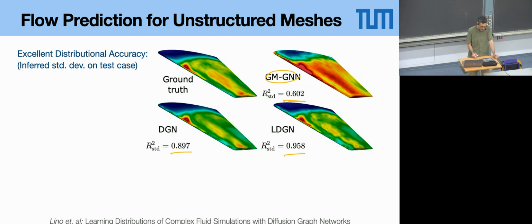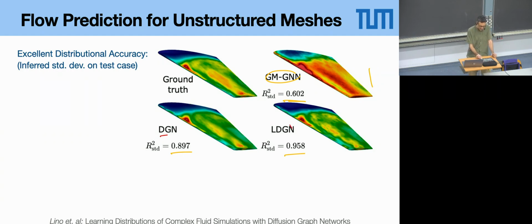What you're seeing here now is also the standard deviation over the wing. If you now look at what's shown in these different images, here it's obviously very red. If you compare this to the ground truth, this is quite bad. If you compare the DGN version, for example, with the spike here at the front of the wing, this is recovered quite well.